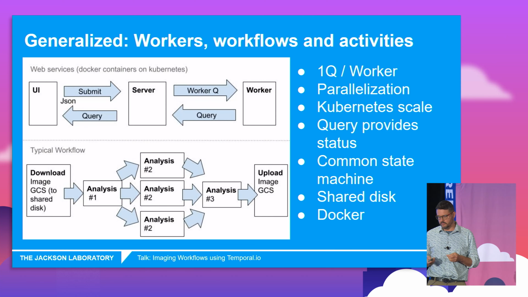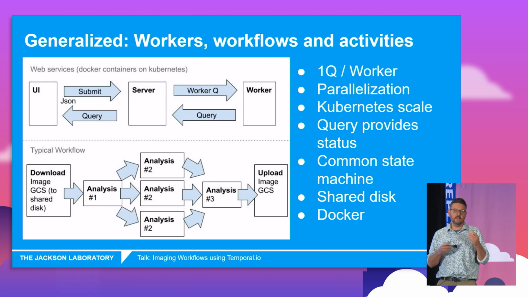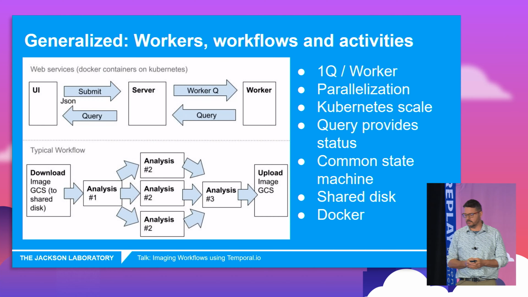They all go through the same state machine, and we use the Temporal query to get the current state of the running worker and show that to the user. We also back that up with our own database, so we have our own table of all the states of all the workers, and that's what the user sees. We don't show them the Temporal GUI. The Temporal GUI is just for support engineers. It's a great thing, and we would like to show it to the users one day, but it's not quite aligned with the application that we've got.